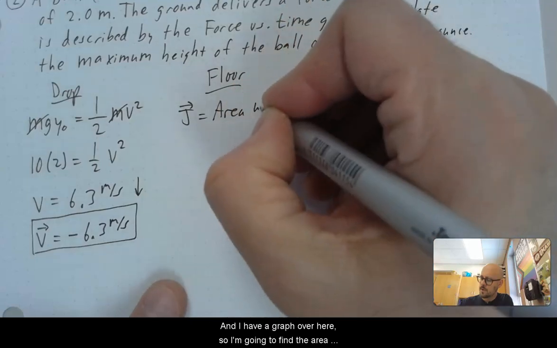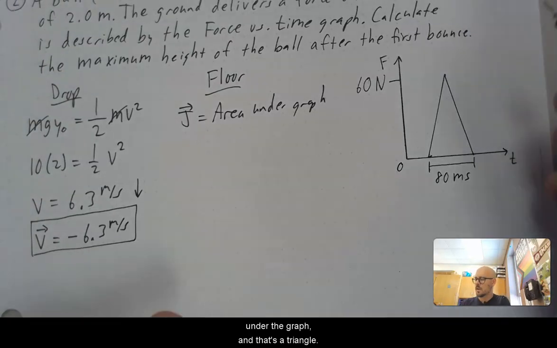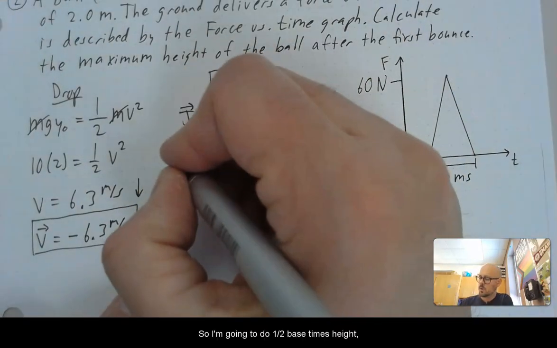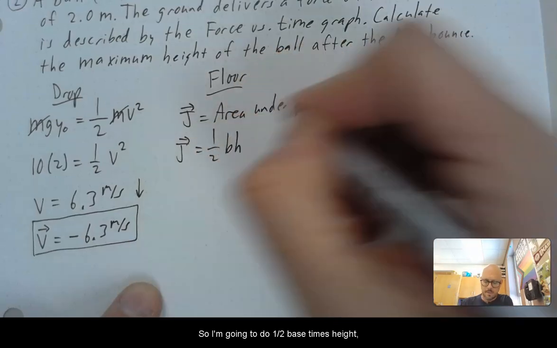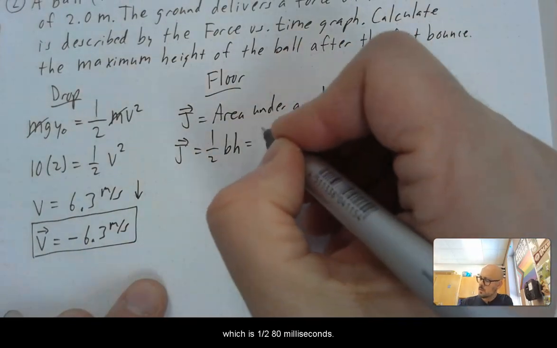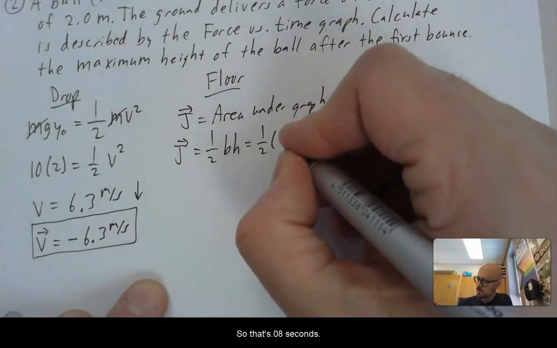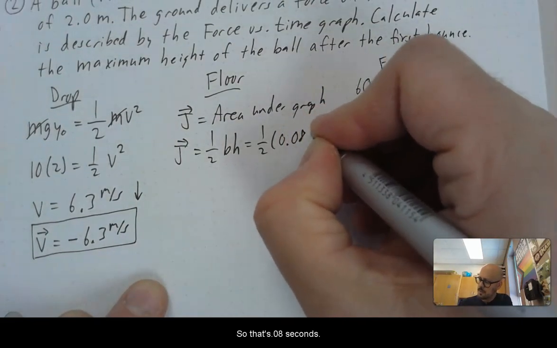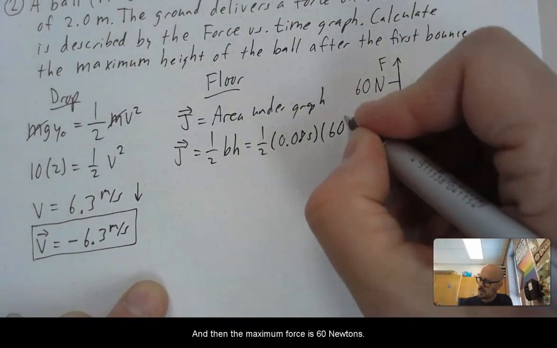So I'm going to find the area under the graph, and that's a triangle. So I'm going to do 1/2 base times height, which is 1/2, okay, 80 milliseconds, so that's 0.08 seconds.